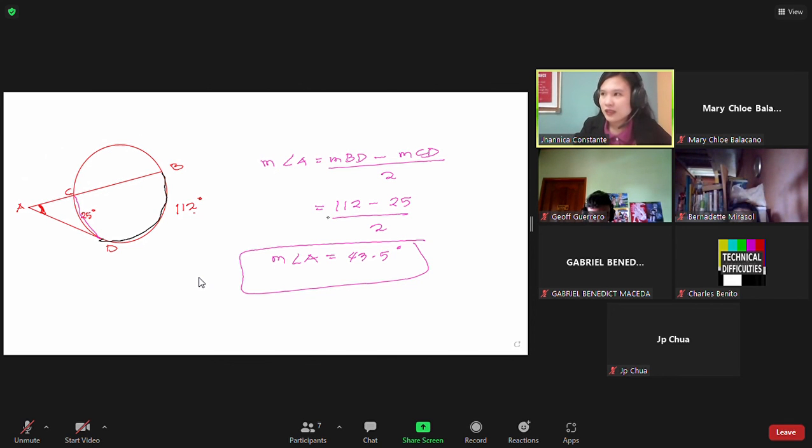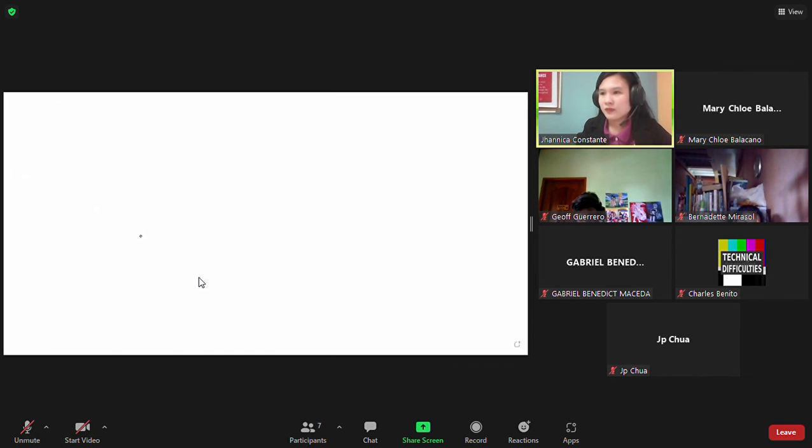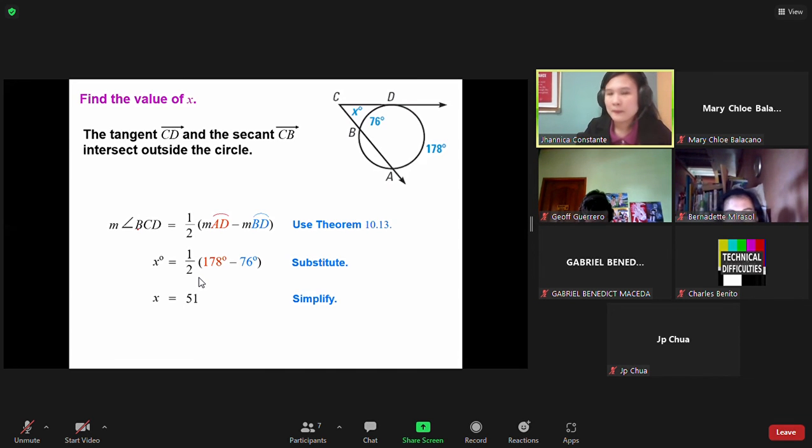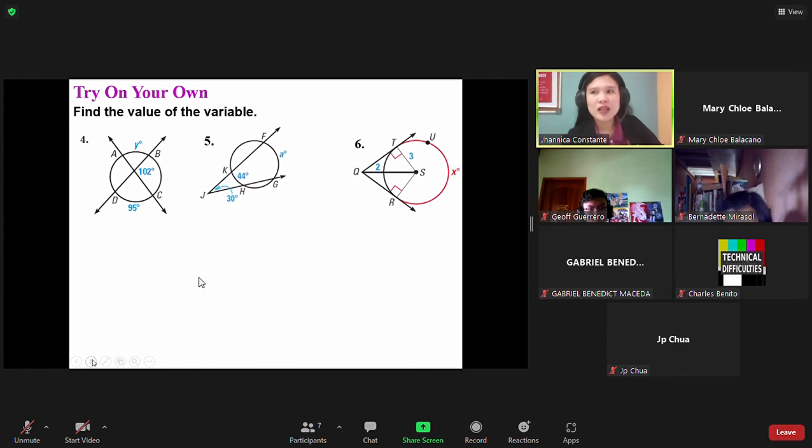Okay, let's try the following circle that we have. For example, we have this circle and we need to find the value of y.